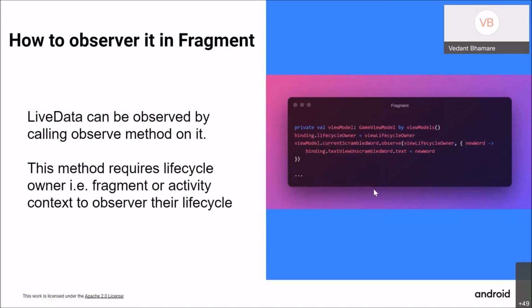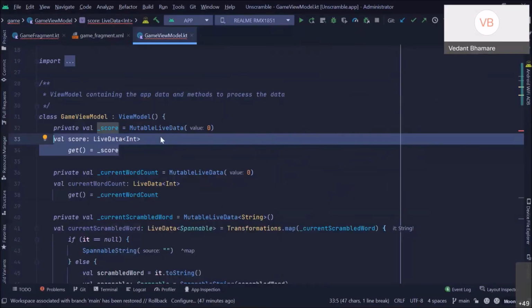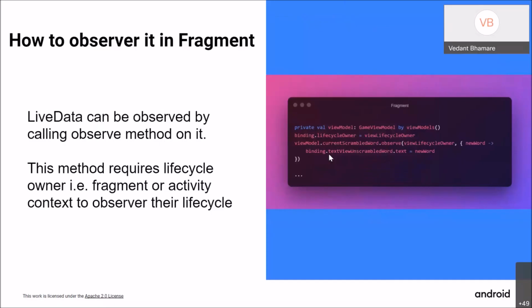So you only have to write this much code. The 3 times we were calling the update text word of unscramble, that won't be needed, because whenever the value of current scramble changes, it would automatically change the UI as well. So that is how live data was used.